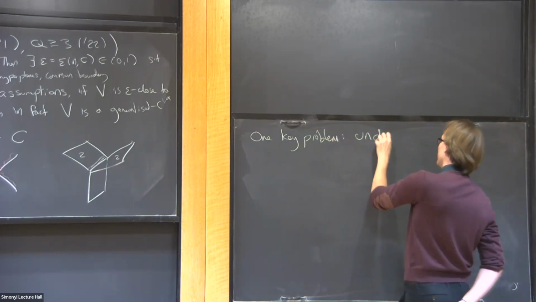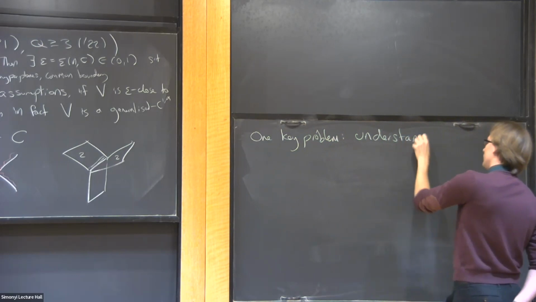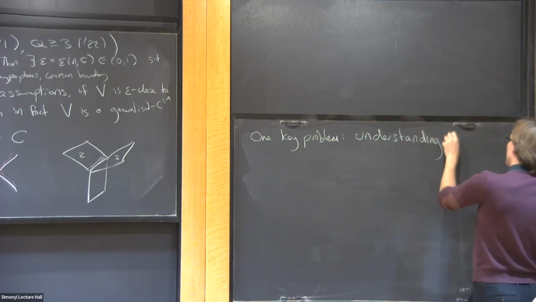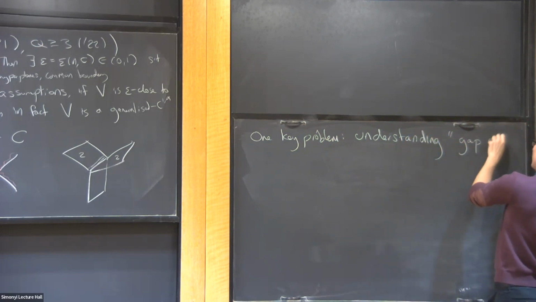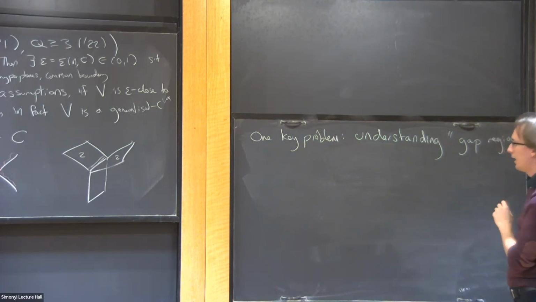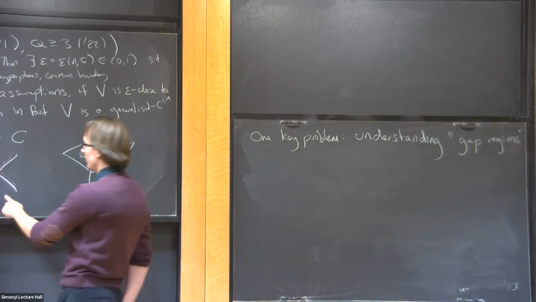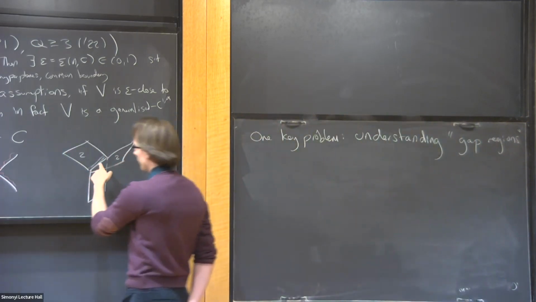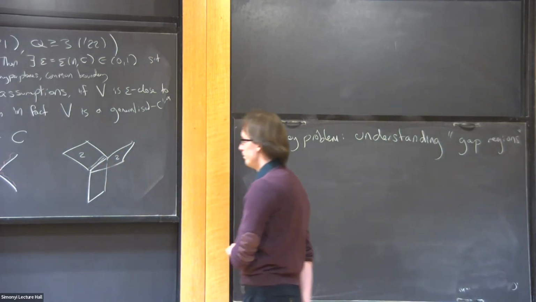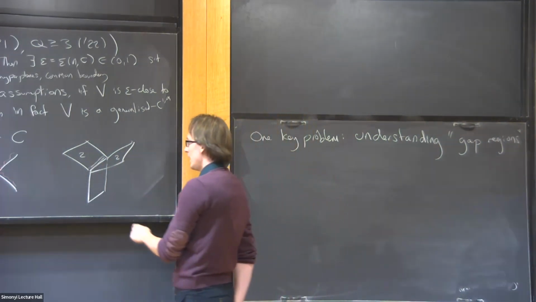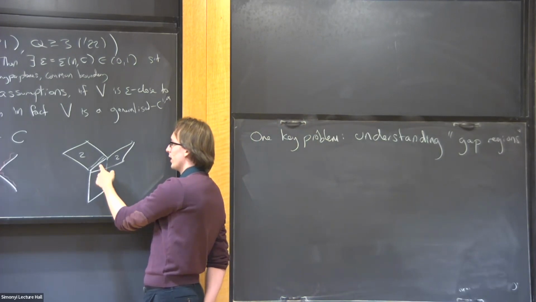A gap region is when you're close to a picture like this, or let's just say this one, but I don't actually have any point where I look like this.